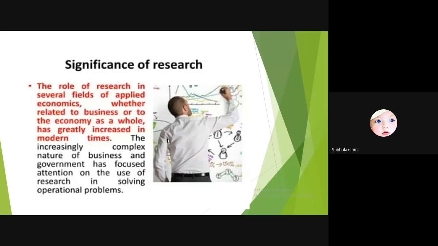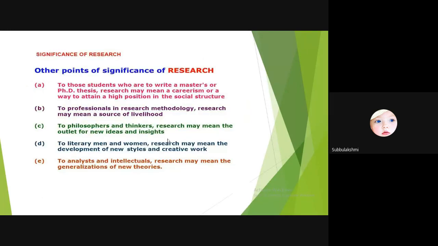Next point: significance of research with respect to different people. We take up a society where we have students, professionals, literary men and women, philosophers. What does the word research stand for them? For example, according to a student, the term research means careerism and a way to attain a high position.